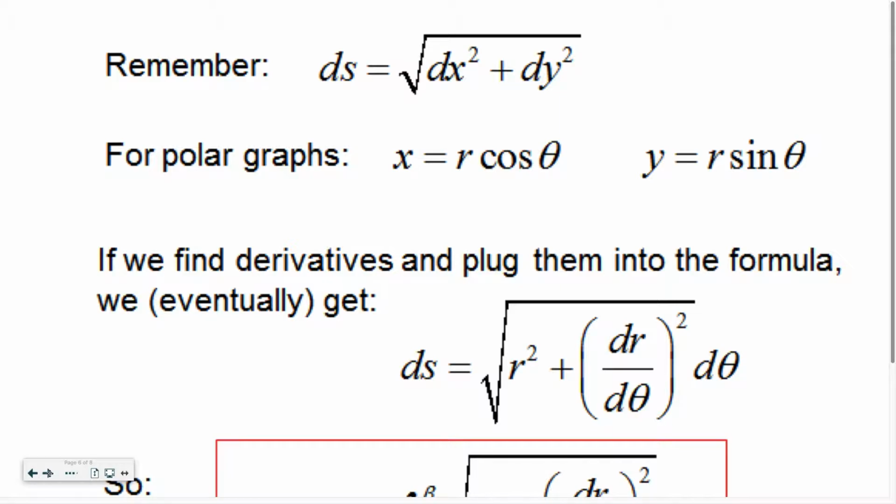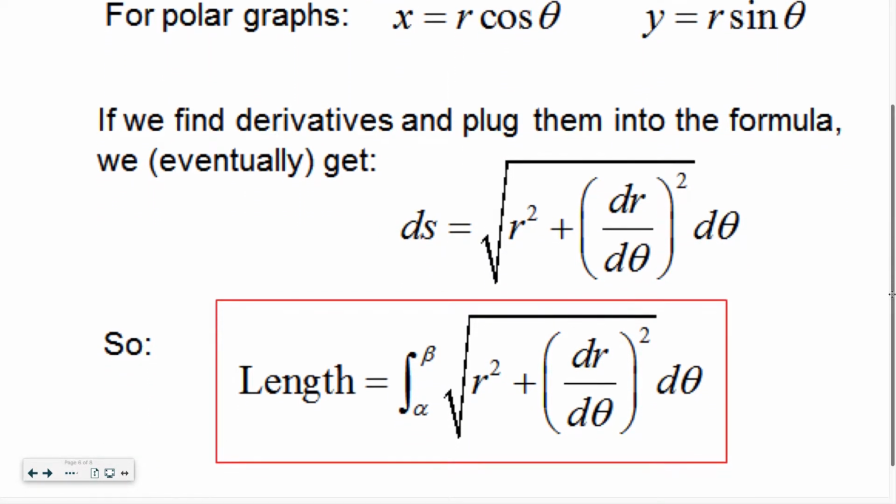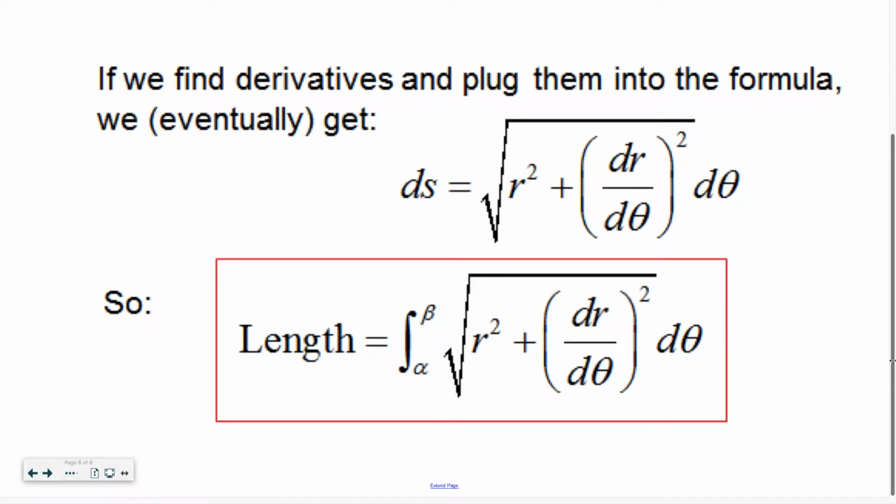Well, first we have to consider that everything's in terms of theta, so we're going to have d theta in our integral. So if x is cosine theta and y is sine theta, then this happens. We could go through all the math, or we could just accept it for what it is. I don't want to accept it. Okay, but we do.